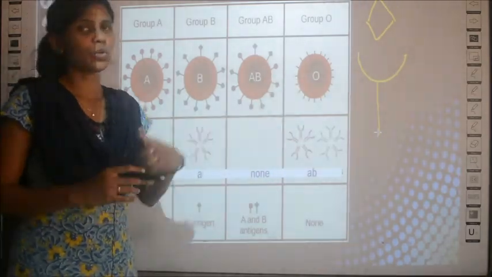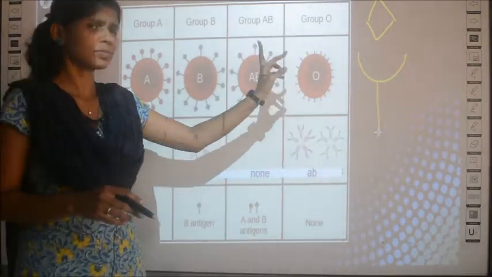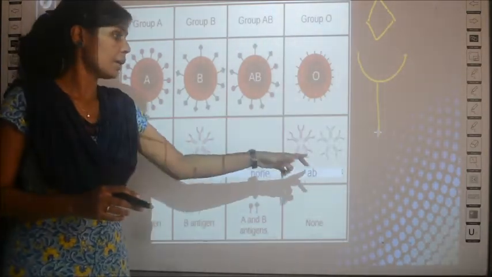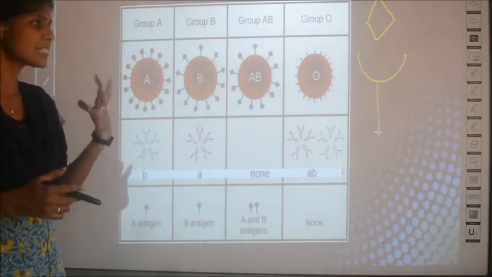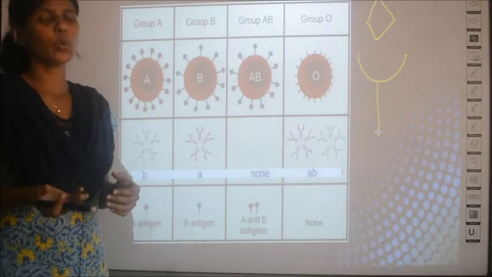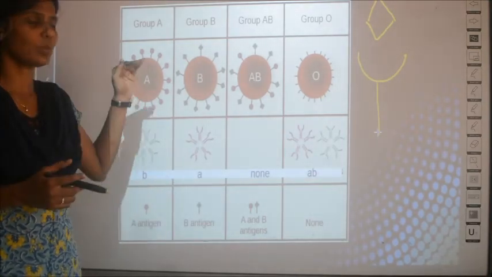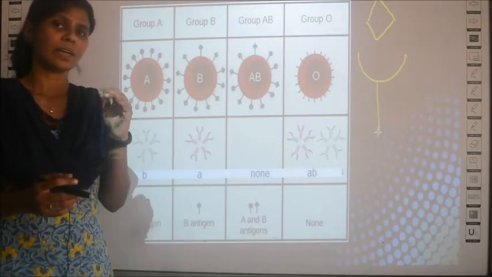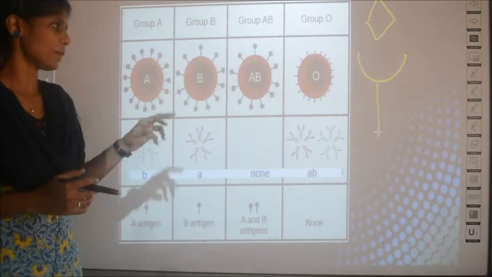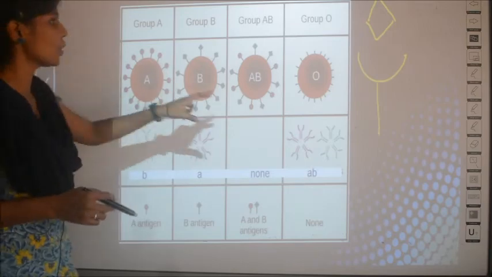And O blood group people will have no antigen at all, but in the plasma you can find both types of antibodies. This is like a rule or a formula. You have to memorize it, or if you can understand and keep the concept in mind, you need not memorize. It is better to memorize for your level.